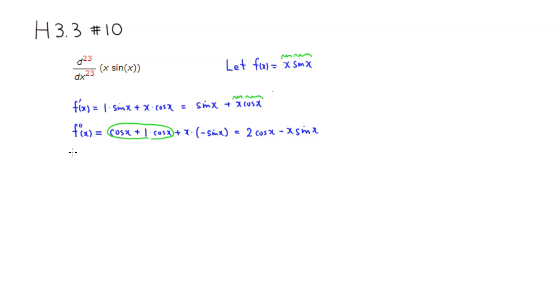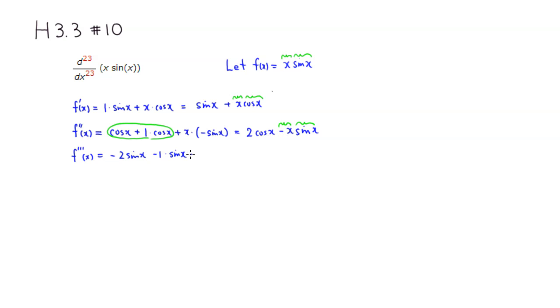All right, take the third derivative. Derivative of 2 cosine of x is negative 2 sine of x. And then here we have to take the derivative using the product rule again. You have first guy and second guy. Derivative of the first is negative 1 times the second, which is sine of x.